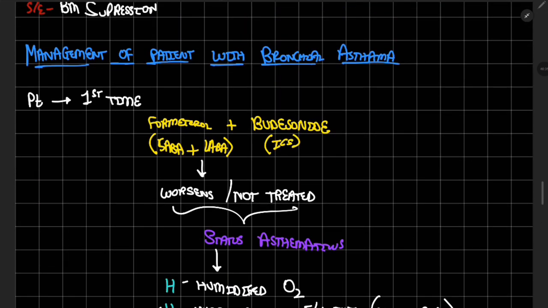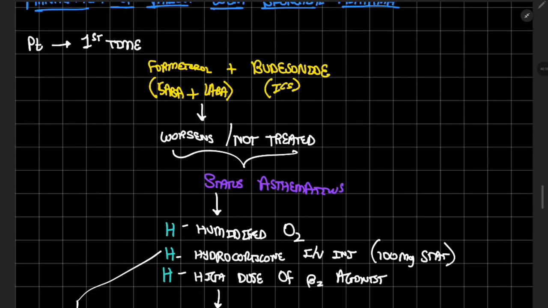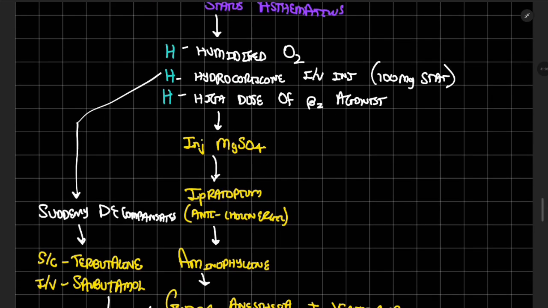So to sum up the management, at first the patient came to your clinic with asthma. We give him the SABA plus LABA combination, formoterol, plus one inhalational corticosteroid, budesonide. If it worsens or is not treated, it is known as status asthmaticus. We give HHS therapy, humidified O2, high doses of a beta 2 agonist and hydrocortisone injection. If it is still not treated, we give injection of MgSO4.